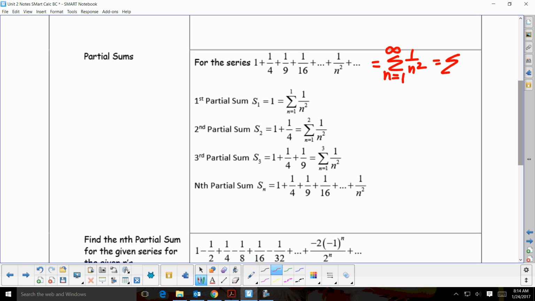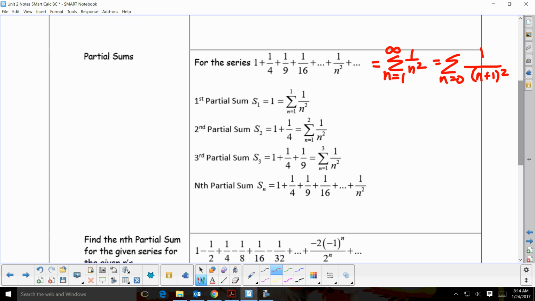Do that for me really quick if I started at 0. Just want to see if you can change it again really quick. Let's do that. Okay. So we're good at that.